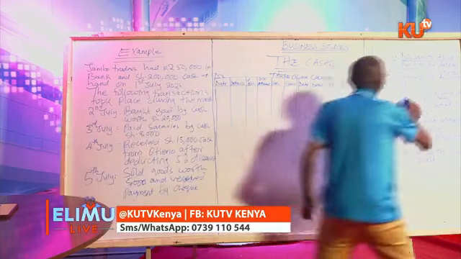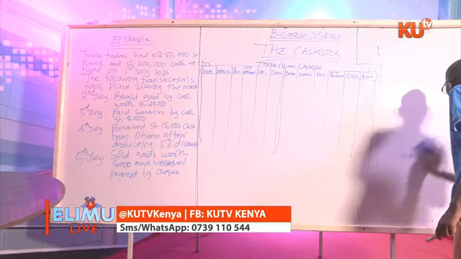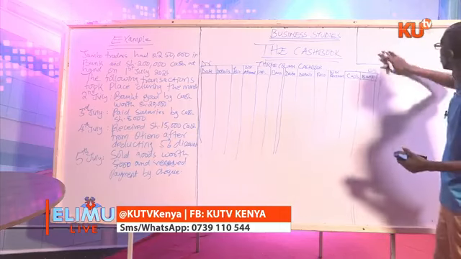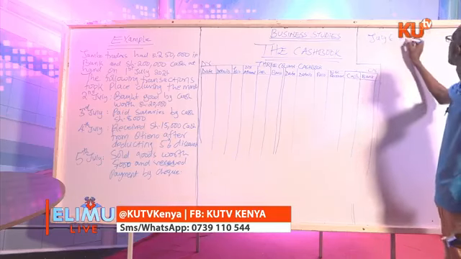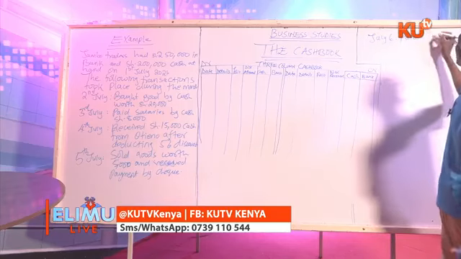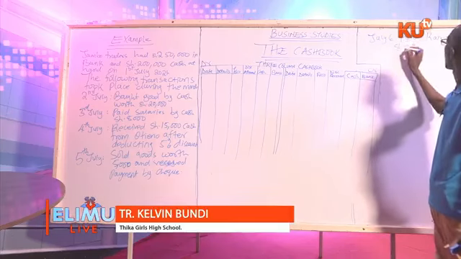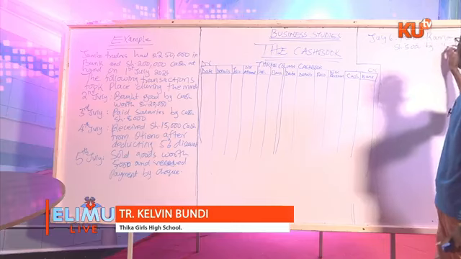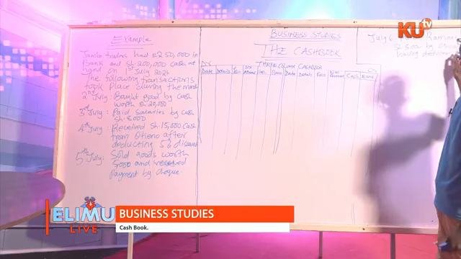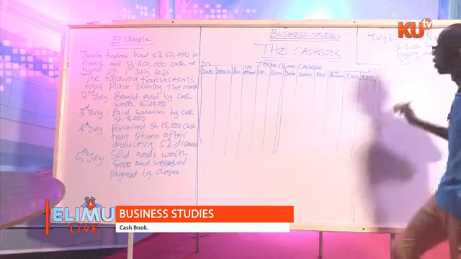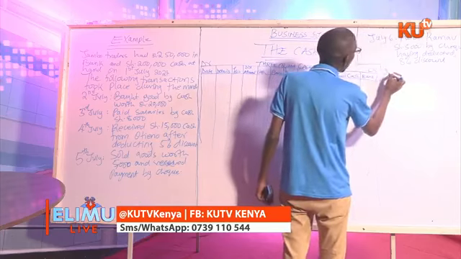July 6th, paid Kamau shillings 5,000 by check, having deducted 8% discount.